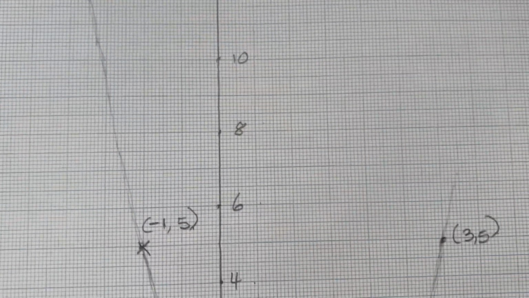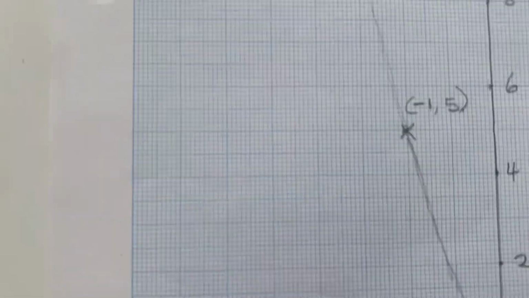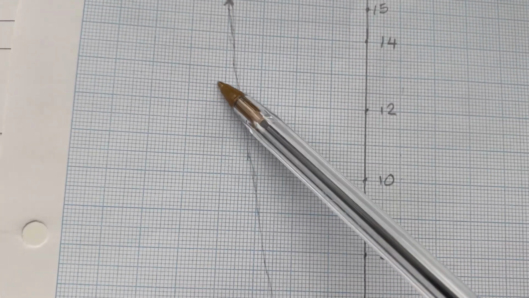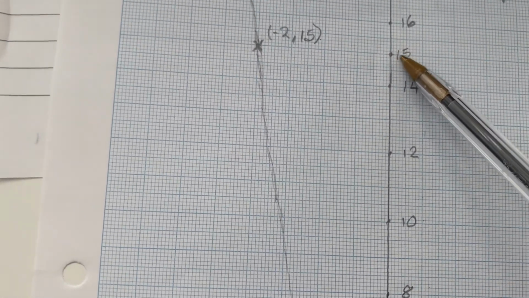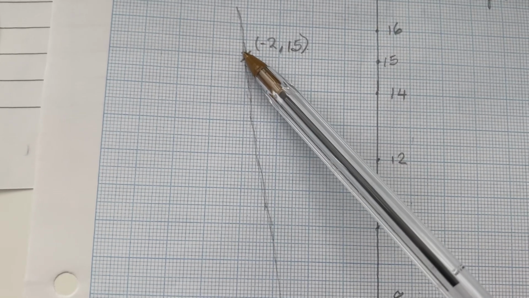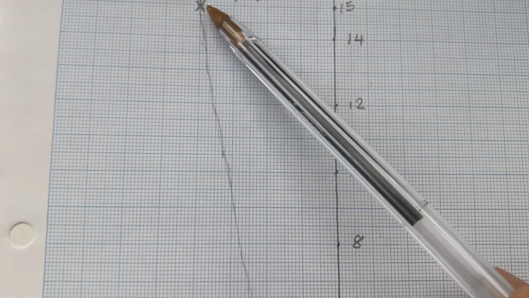So now, -2 here, all the way up -15. Yeah, falls between 14 and 16 here. So I put the coordinate label in.